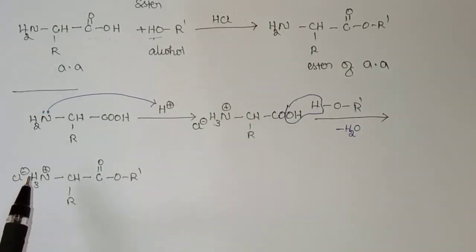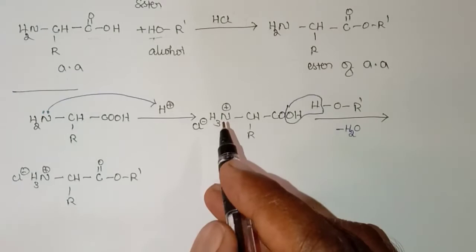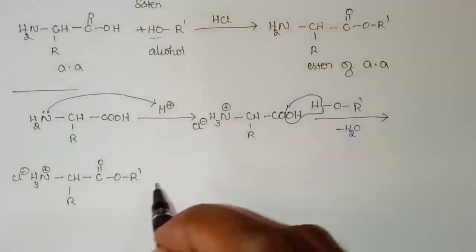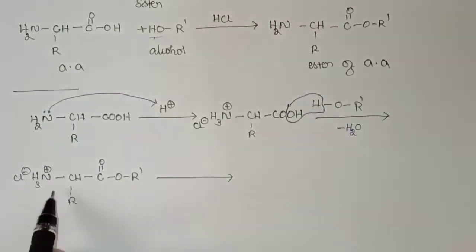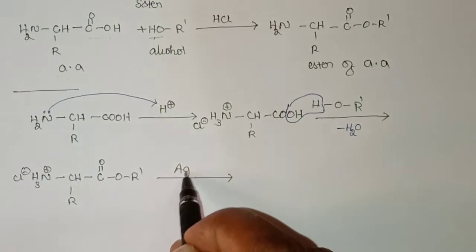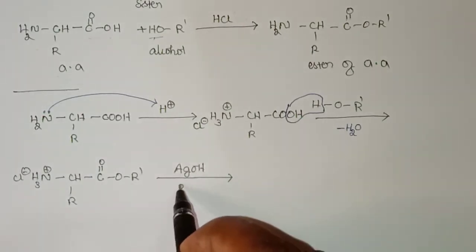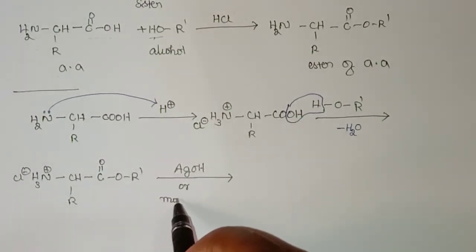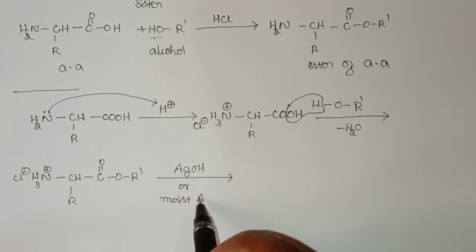In order to do that, we subject this ester to react with AgOH, silver hydroxide. Either we react with silver hydroxide or we react with moist silver oxide, that is Ag2O.